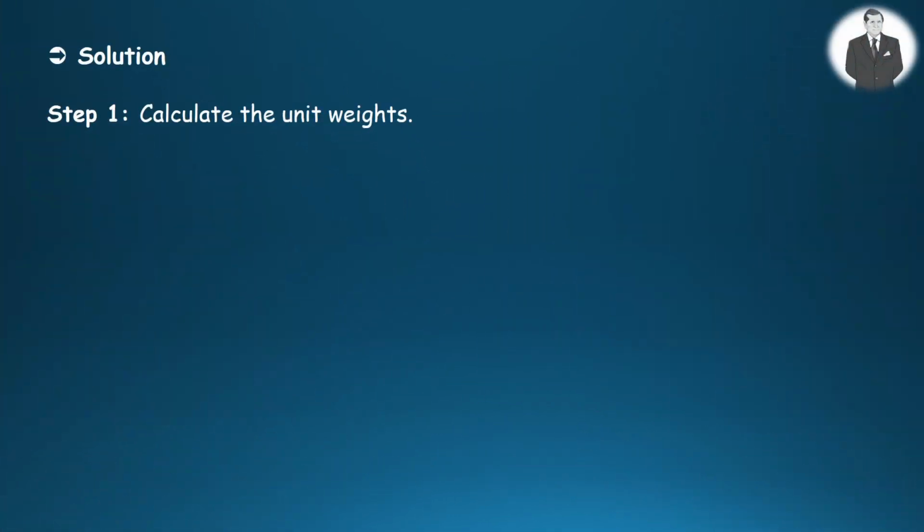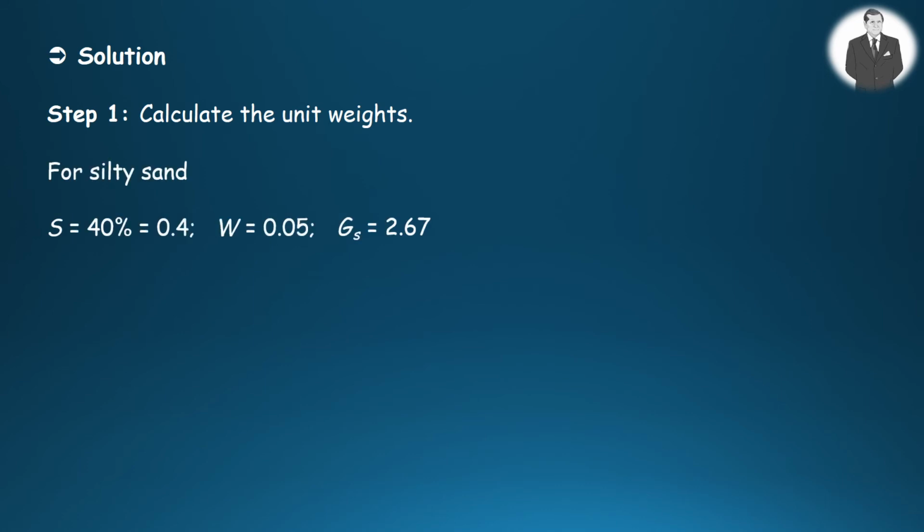The first step is to calculate the unit weights of each soil layer. For silty sand, given are the degree of saturation, water content, and specific gravity.